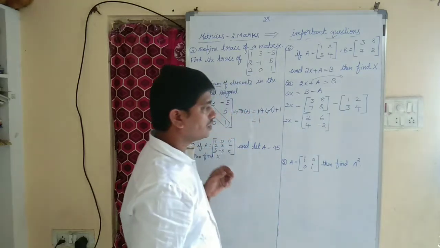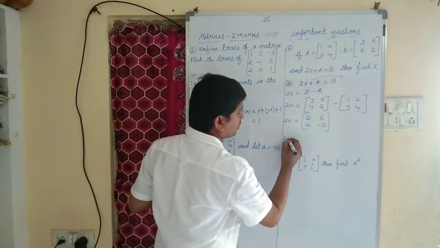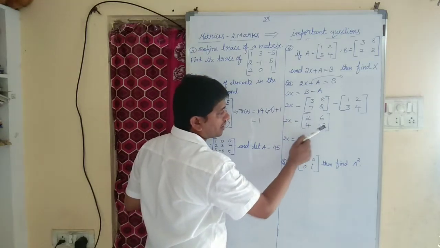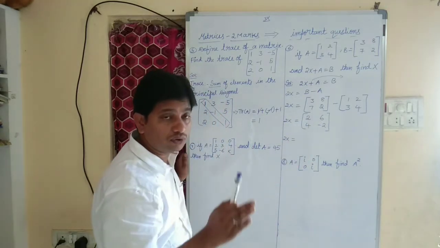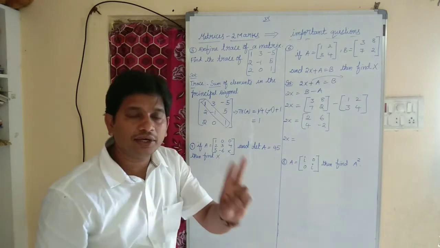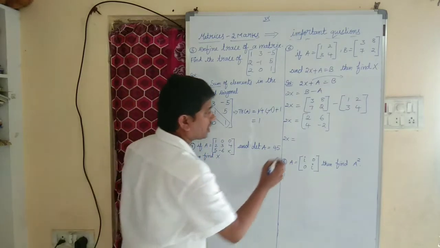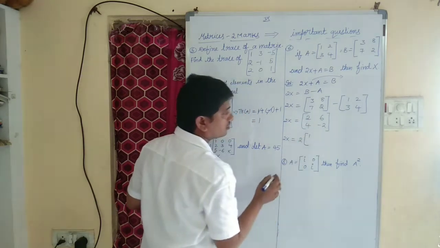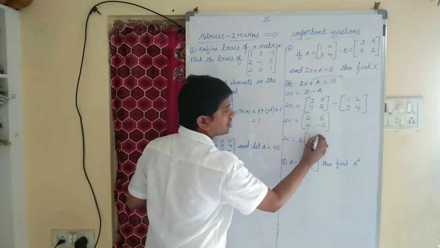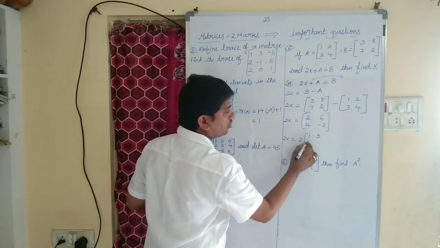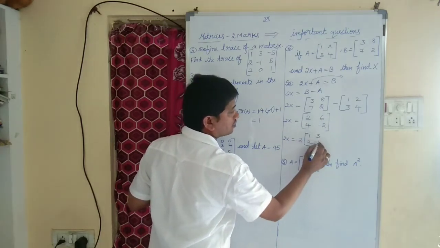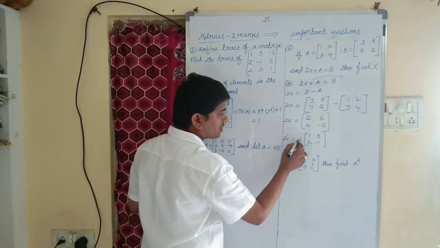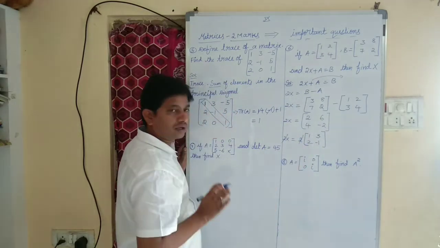Right? So children, so 2X equal to, if you observe here, 2, 6, 4, minus 2, they are the multiples of 2. So I can take 2 as common. If I take 2 as common, 2 into 1 is 2, 2 into 3 is 6, 2 into 2 is 4, 2 into minus 1 is minus 2. Now what I will do, left hand side 2, right hand side 2 gets cancelled.